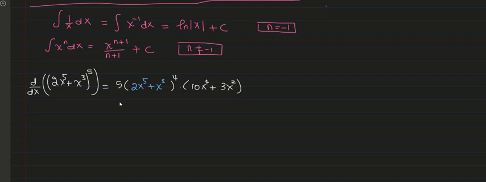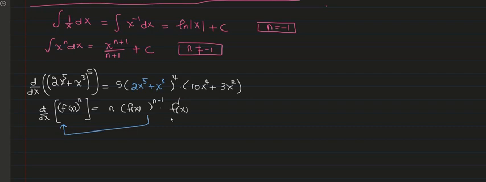So what happened here is that when we had a function raised to the power of n, the derivative of that function was as follows: we drop the power and we subtract 1 and we have the function as it is inside, and then we multiply it by the derivative of the function. So what we expect now, if we are reversing that operation, I need to take the result here, the n times the f of x to the power n minus 1 times the f dash.